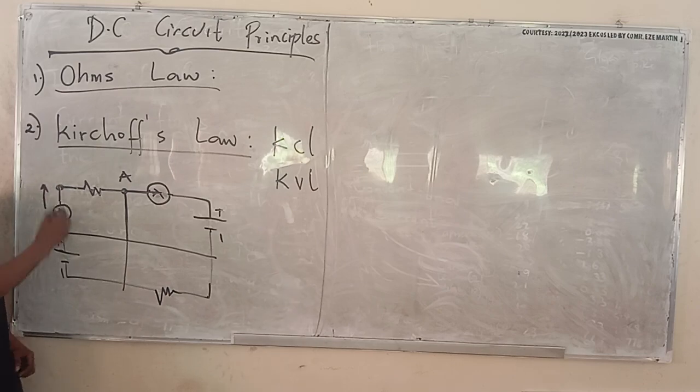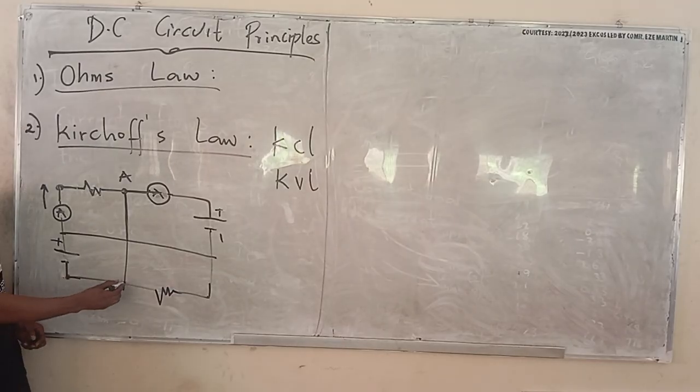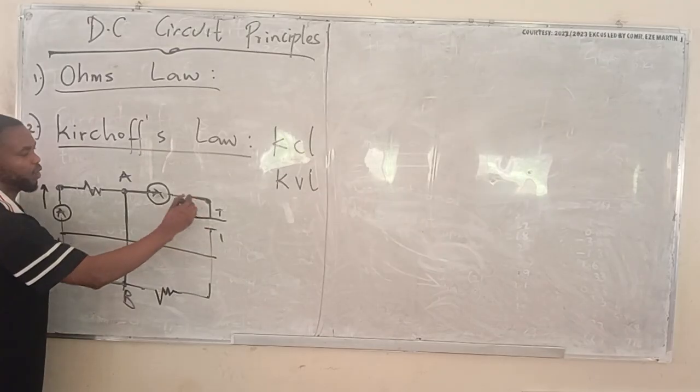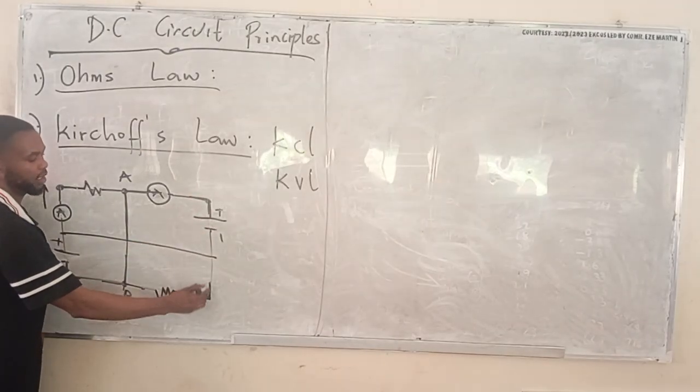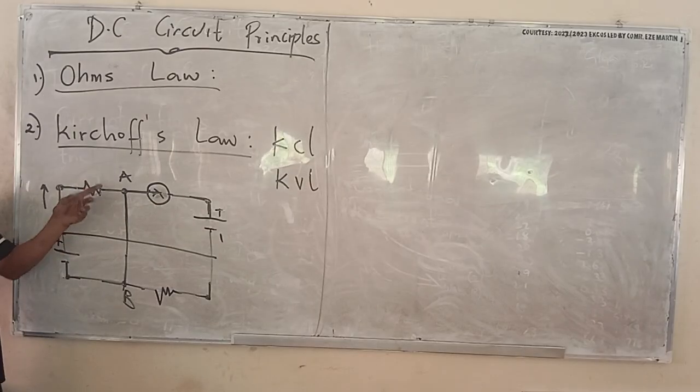Is it not true? This point here is having 1 and 2, and this particular point is also having 1, 2, and 3. You see this? So this is a junction, this is a junction. So we can just say that all these other ones are not junctions.